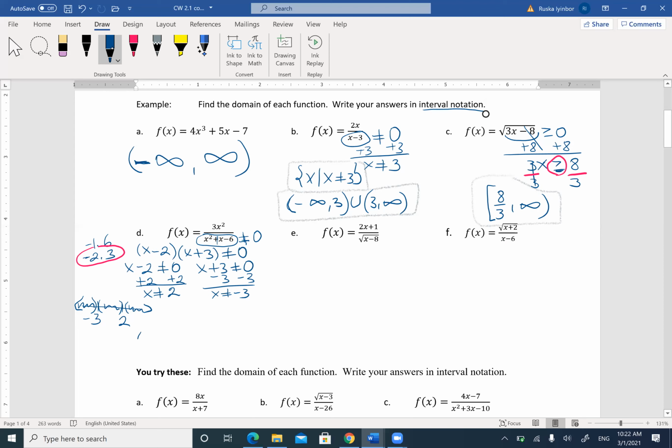The domain is going to be negative infinity to negative 3, union negative 3 to 2, union 2 to infinity. So this is going to be the domain for the given function. We have two restrictions on the domain. Okay? Any questions so far?